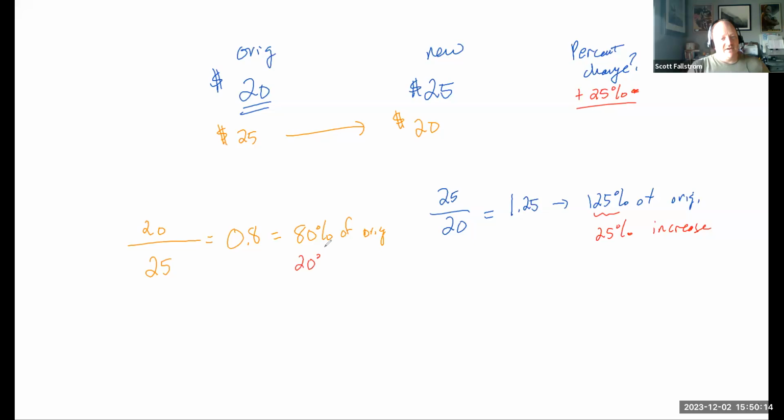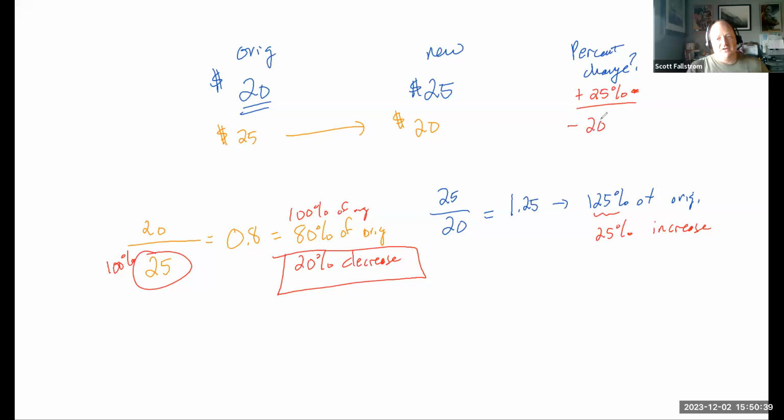That means there must have been a 20% decrease. Why? Because we're always comparing it back to this number, which would have been 100%. So you're comparing it to 100% of the original, which would be what you'd have if you didn't change anything. But since you did change something and you have less than the original, I must have subtracted. So this is a minus of 20%.